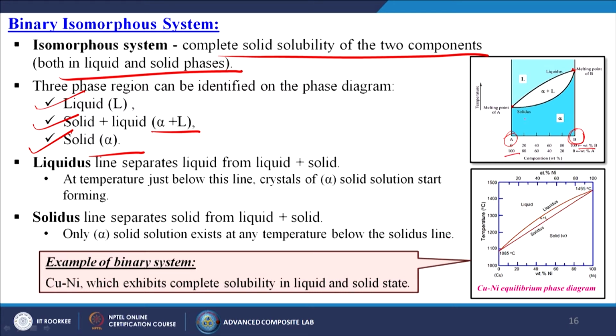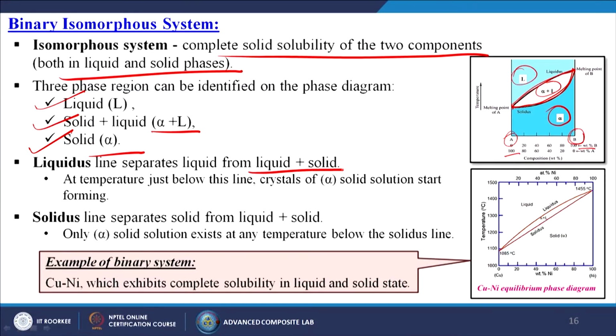Now, after mixing, if we heat the materials, this curve is known as the liquidus and this is known as the solidus. At the time of heating this curve will generate, and at the time of cooling this curve will generate. So, this is the liquidus phase L, this is the solidus phase alpha, and this is the combination of solid plus liquid, which is nothing but alpha plus L. The liquidus line separates the liquid from liquid plus solid.